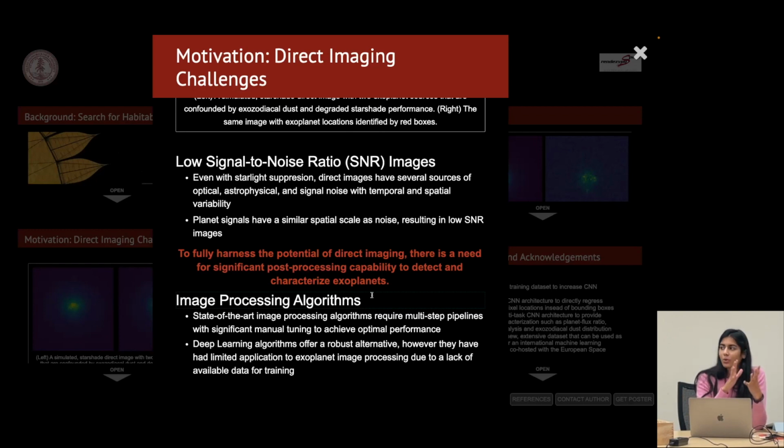Machine learning, of course, has been used very extensively in a lot of image processing applications, and so it's a robust and efficient alternative. However, because we have such limited data for direct exoplanet images in general, and especially starshades, we have not been able to really explore this opportunity prior to now.